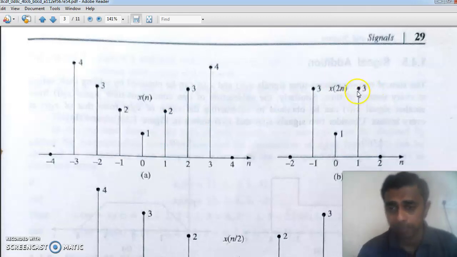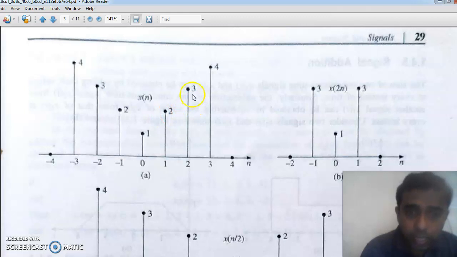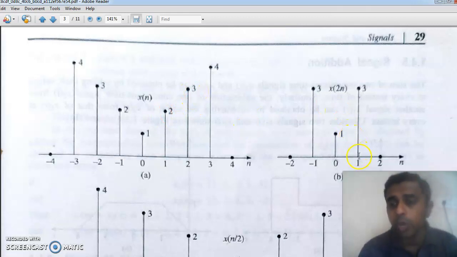Suppose I just want to know the value at 1 here. If I put n equal to 1, that means x of 2. X of 2 is nothing but 3 here. That 3 is coming here. So at sample 1 I have 3 here.